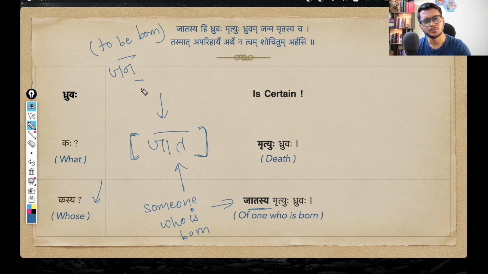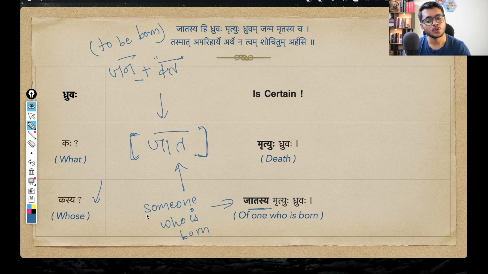We know this Dhatu because from this Dhatu only we get the Kriya Pada Jayate. So Jan Dhatu, to be born, to take birth. And when this particular Dhatu is modified using the Ta Pratyaya, we get this Pratipadika Jata, in the sense of someone who has taken birth, someone who is already born. So I hope the meaning of this Jata is clear.